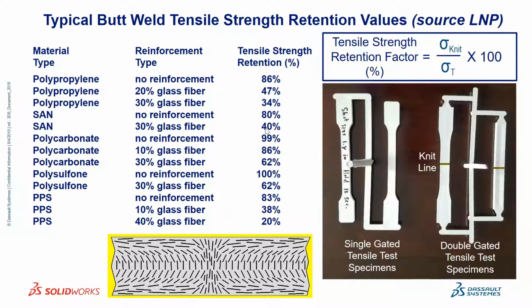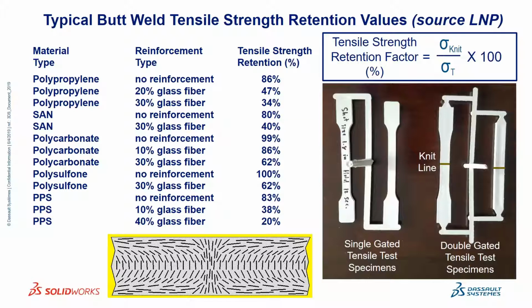This happens largely because of the phenomenon that we saw in the beginning, where we have fountain flow at the melt fronts. So yes, we have laminar flow for the bulk of the part, but when the melt fronts meet, they come together as two fountains. That creates an orientation which is completely different in direction than in other sections of the molding.